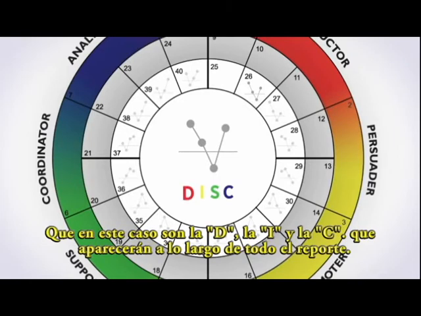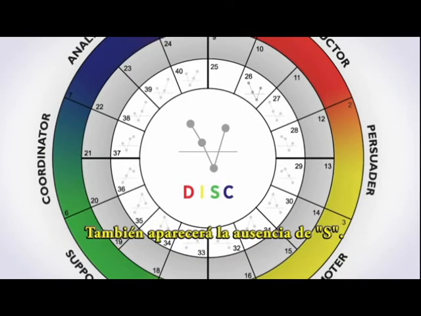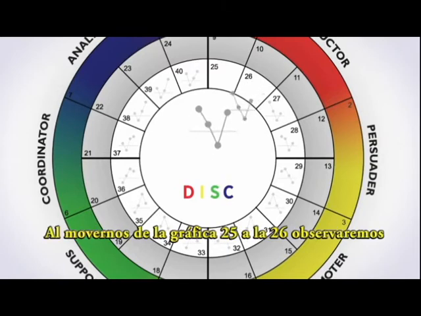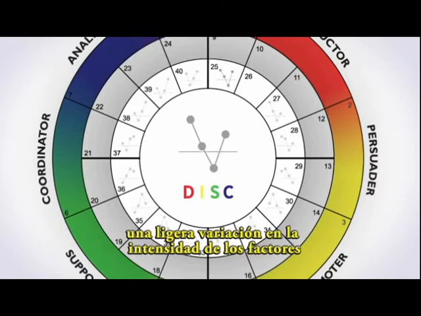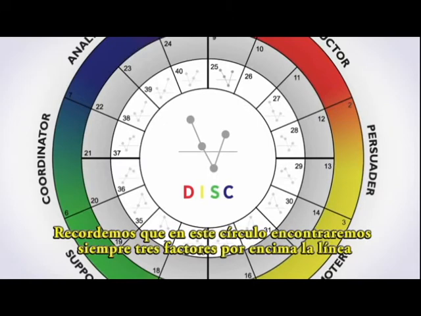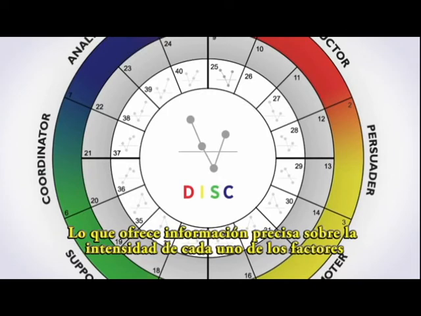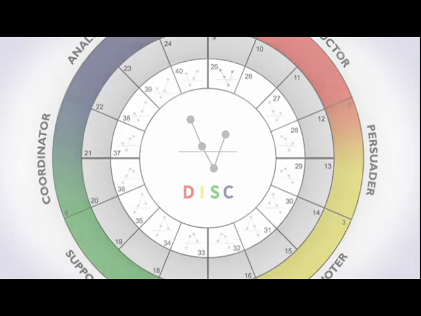The D, the I, and the C are all a part of the report, as well as the low S. Moving from 25 to 26, again, you will start seeing that we are raising and lowering the various plot points. Again, on this ring, we will always have 3 plot points above the midline, giving the most accurate information based on the intensity of all 4 factors.